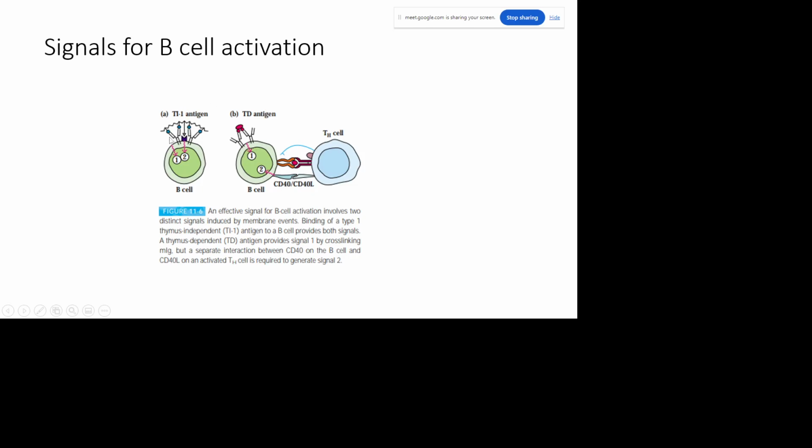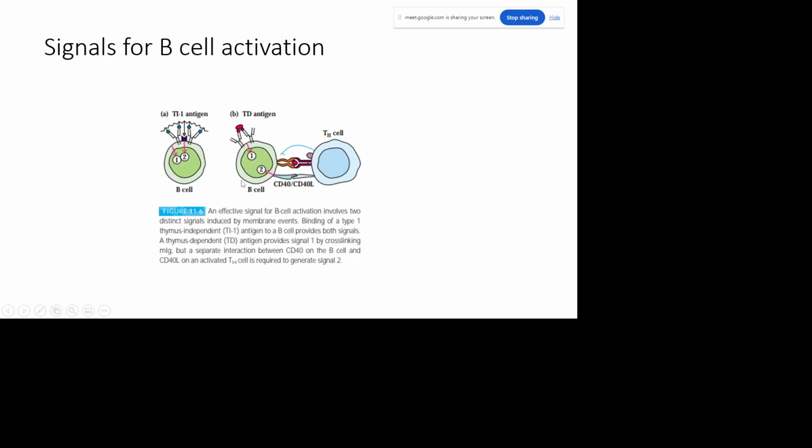So for thymus independent antigen, there is no cross-linking; it will bind to the BCR, right, to the membrane immunoglobulin, and which is enough to provide both signals. And in the case of thymus dependent antigen, the antigen will cross-link with the membrane immunoglobulin.